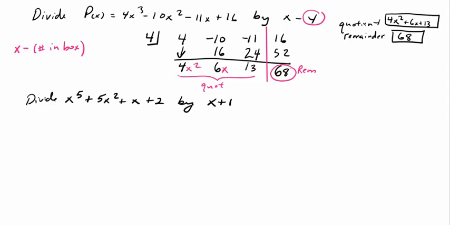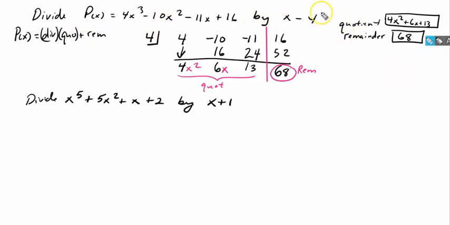There's also another way you could be asked. You can write p, my polynomial p, as the divisor times the quotient plus the remainder. Now, what's the divisor? Well, the divisor is the thing that you divided by.